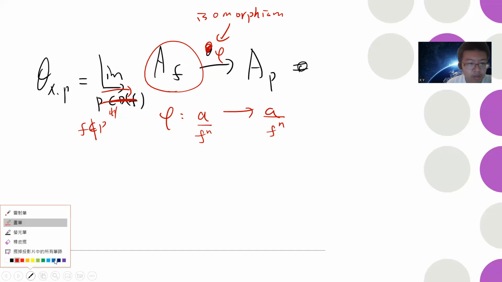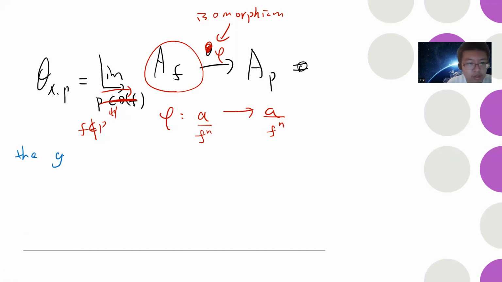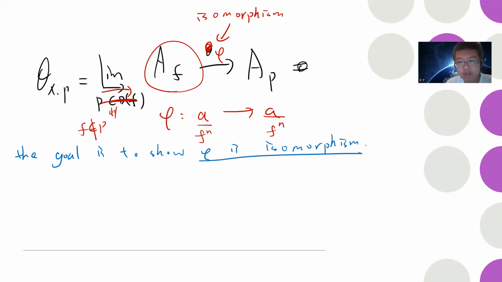So the goal is to show this phi is an isomorphism. Hopefully everything is clear. So phi is a homomorphism; this is simple, check by yourself. The first one is that phi is surjective. This proof is trivial if you understand the definition.